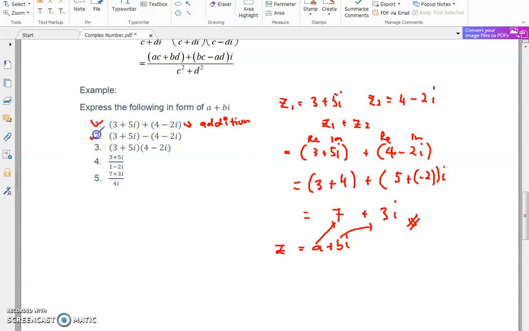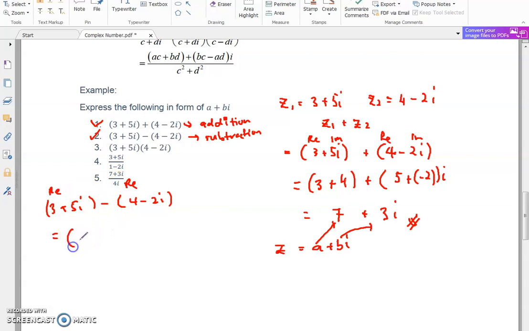Now let us move into the second part, which is a subtraction question. Why do we know this is a subtraction? Because we have a minus at the middle of the two numbers there. So if you want to calculate 3 plus 5i minus 4 minus 2i, basically the same thing happens where we deal with the real part together with the real part.